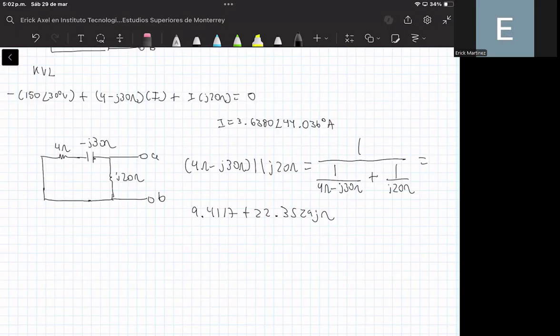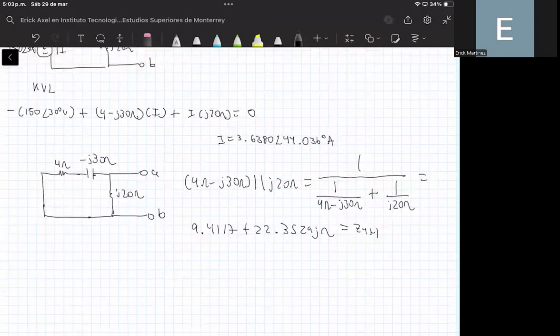Well, in fact, the parallel between these two is equal to the Thevenin impedance. Now, remember that the resistor that we need to connect between these two terminals in order to ensure maximum average power transfer is equal to the magnitude of the Thevenin impedance.